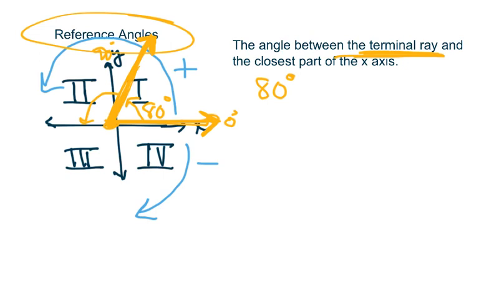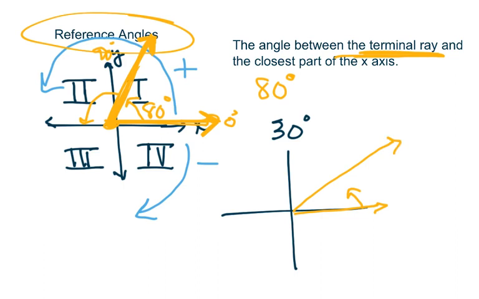We're going to do a few examples. Hopefully it'll be a little clearer. Let's say we have 30 degrees. I draw a little axis. I start with my initial ray here. 30 degrees is going to be like here.